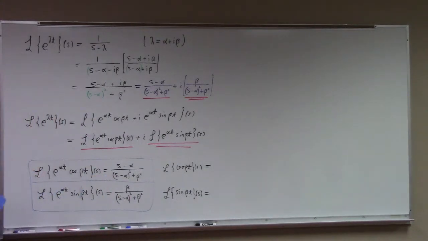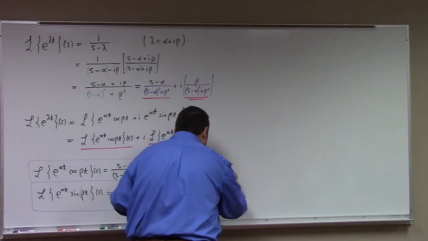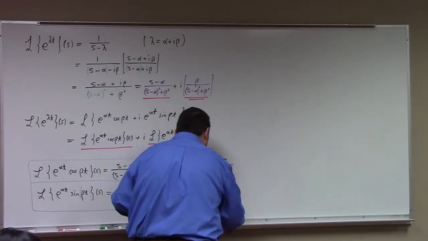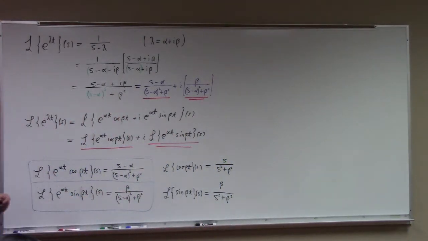So in that case, alpha is 0, right? So we just get s over s squared plus beta squared, or we get beta over s squared plus beta squared. So for sine and cosine, the Laplace transforms are even simpler.